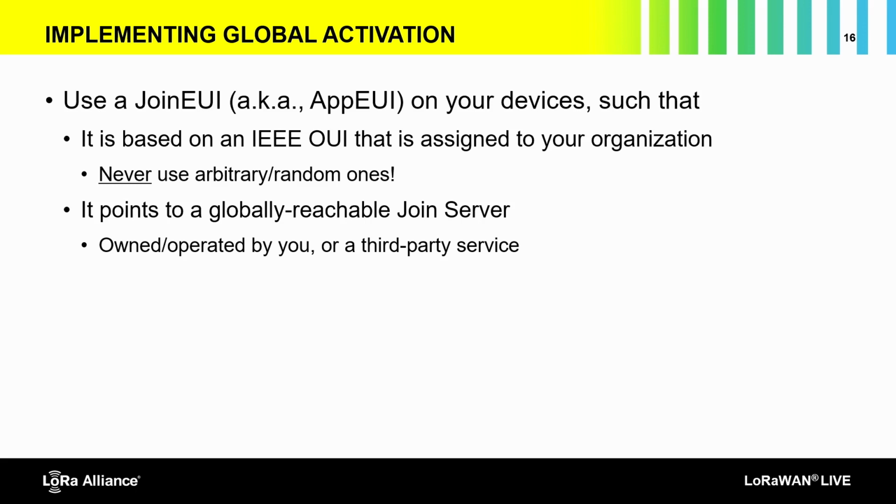So you have to make sure however you're generating join EUI should be based on a globally unique ID. It should not be random. It should not be arbitrary, which we see a lot, and that makes the whole system collapse. Well, not the whole system, but you get yourself into trouble. So just make sure you have this globally unique join EUI, and then make sure it points to a globally reachable join server.